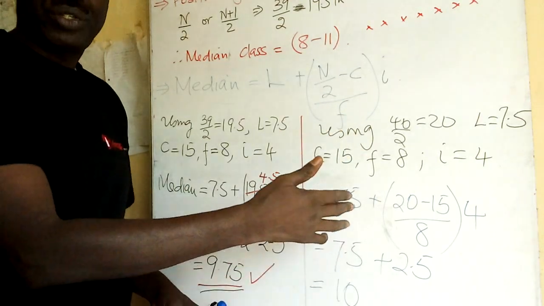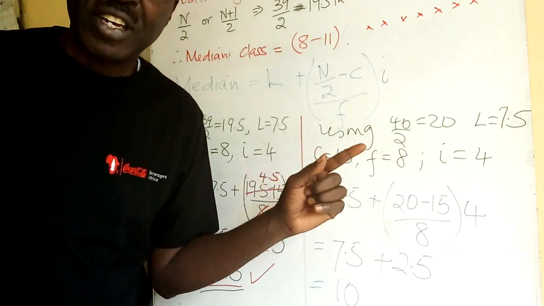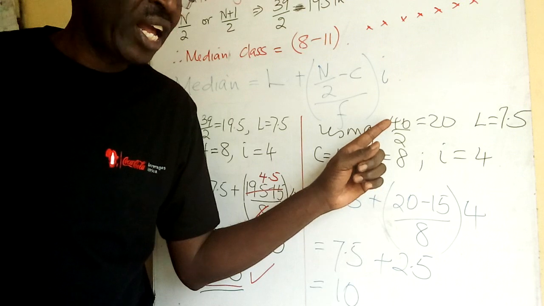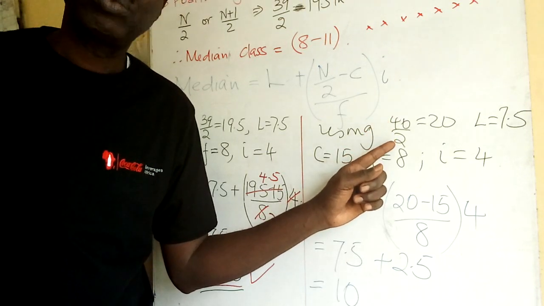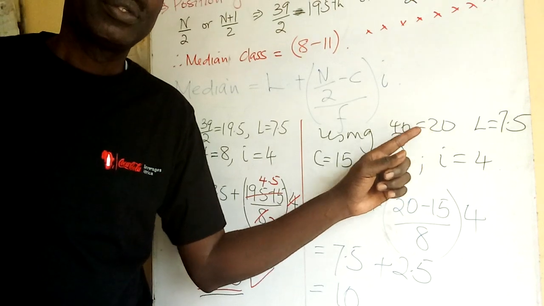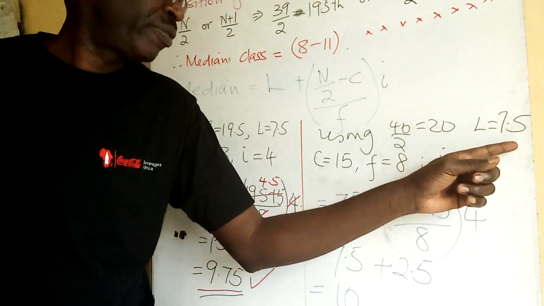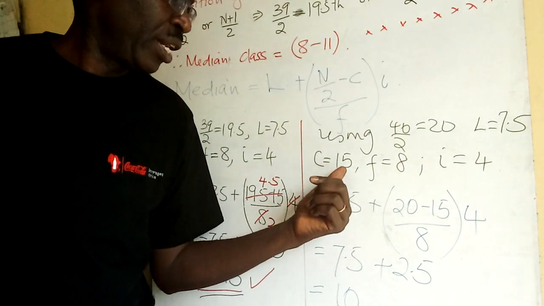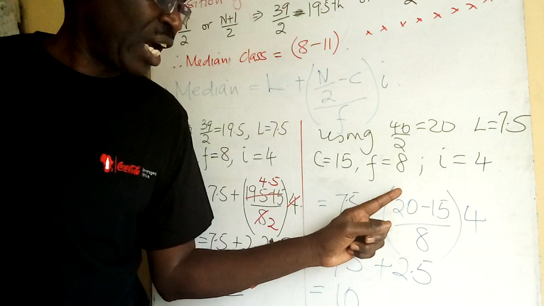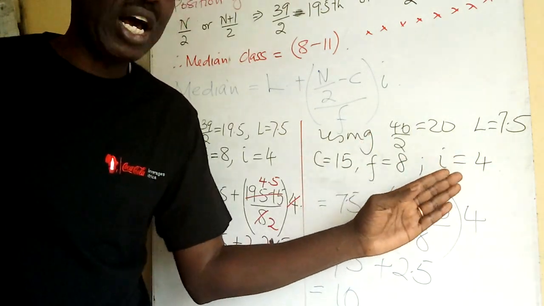You can do this. After highlighting the median class, it gives you n plus 1 over 2. N plus 1 over 2 is this. 40 over 2 is 20. Lower limit remains 7.5. C remains 15. F is 8, i is 4. Put them. Don't repeat 40 over 2 here again. Just give us the result there. You will have done it somewhere.